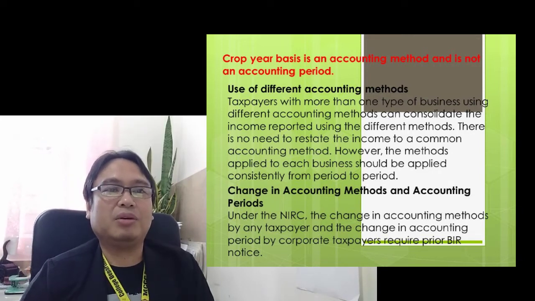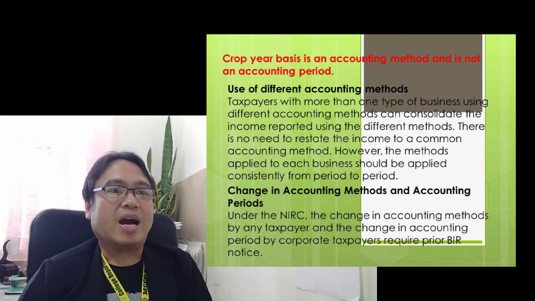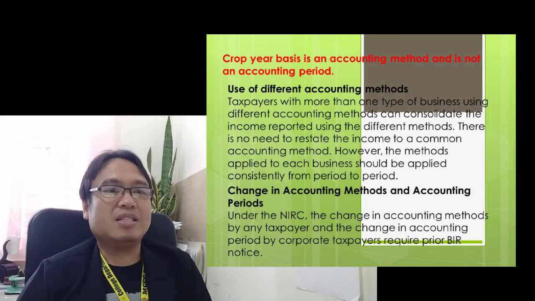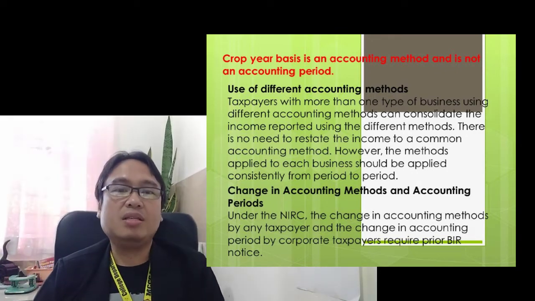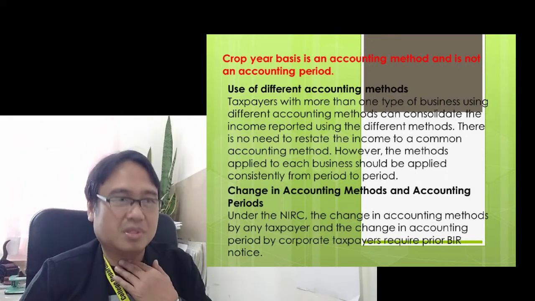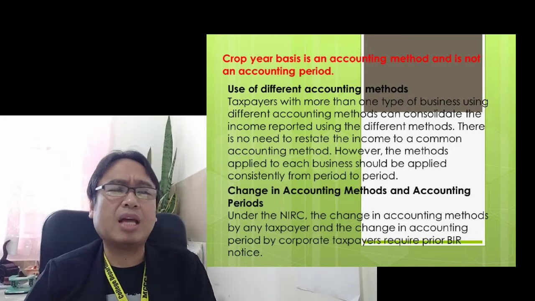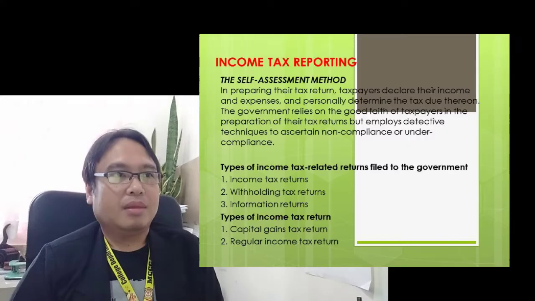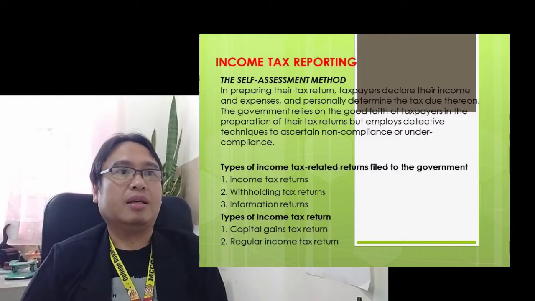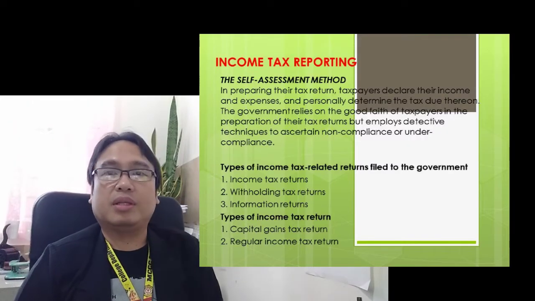Change in accounting methods and accounting periods. Under the NIRC, the change in accounting methods by any taxpayer and the change in accounting period of the corporate taxpayer require prior BIR notice. The income tax reporting, the self-assessment method.